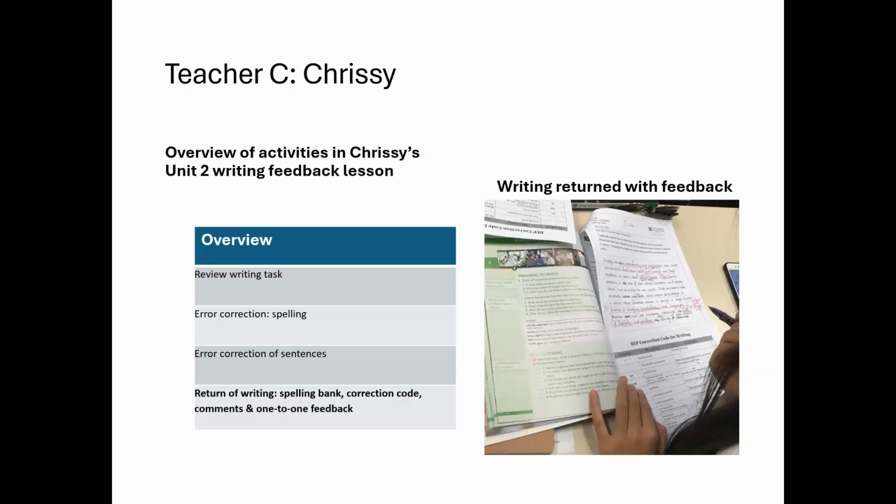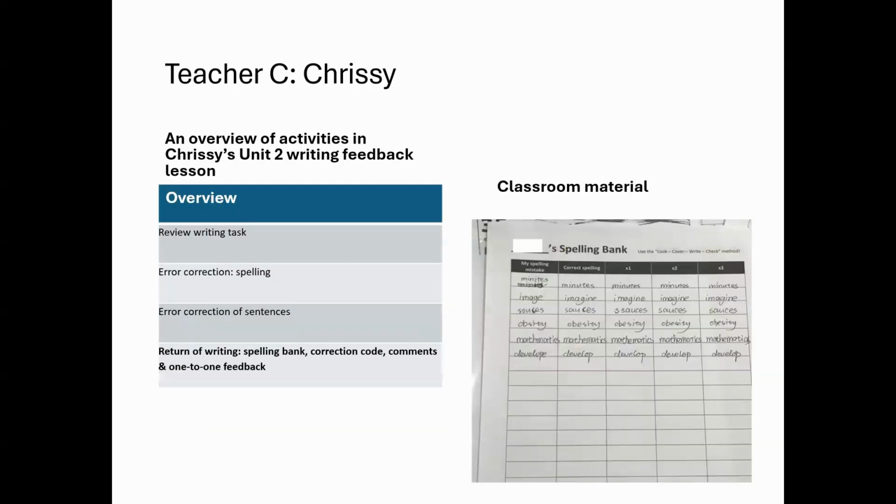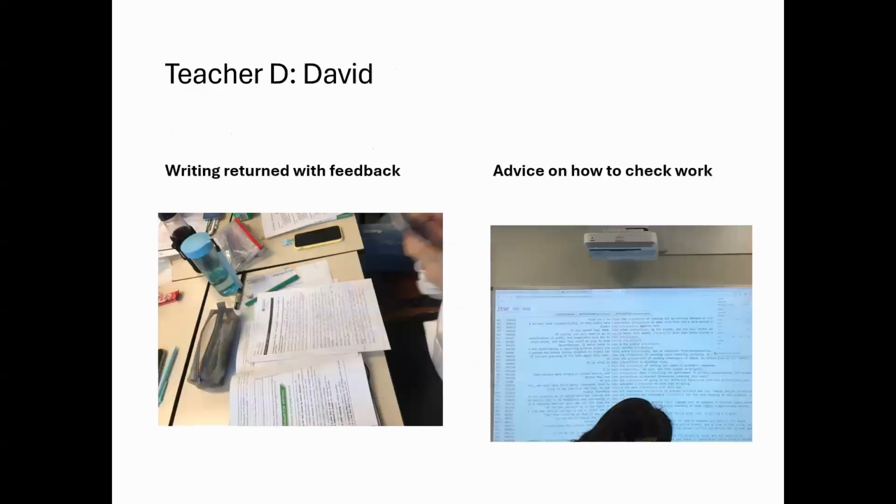And then during this activity, Chrissy made her way around the classroom and spoke to all the students individually. So that spelling bank activity, the student had to identify, a bit like the analysis of teacher B really, but just at word level. They had to identify the mistake and then write it correctly and then use a look, cover, write, check method to focus on the accuracy of their words.